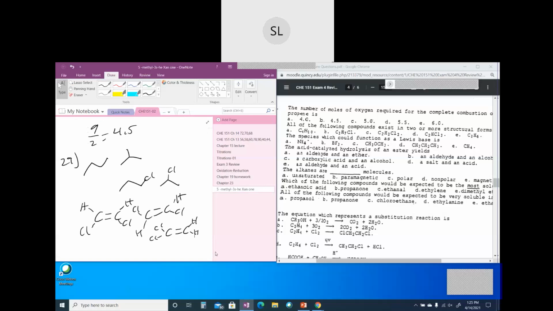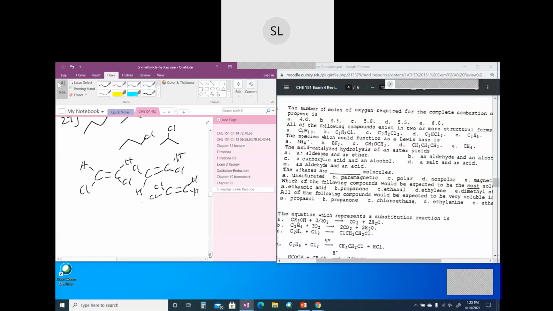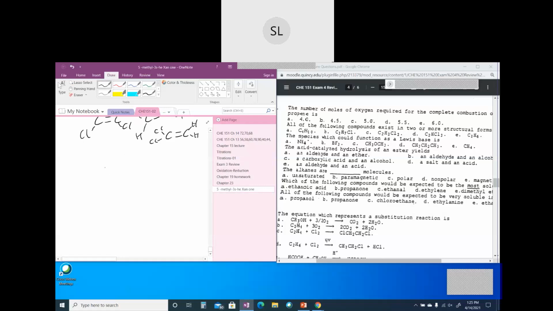All right, so then we have C2HCl3. And that's it for that one. You cannot do anything else. C3H6, this one's interesting. CH2=CH-CH3.